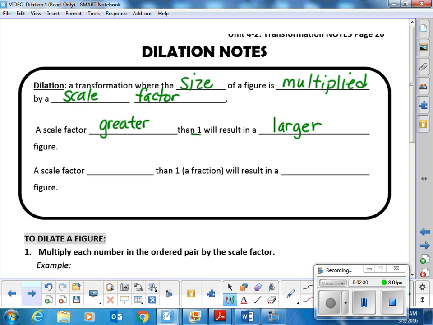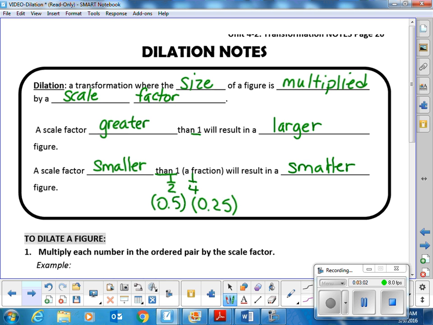And likewise, if the scale factor is smaller than 1 or a fraction, so we could do a half, we could do a fourth, we could even do an eighth or something like that. If we do that, though, you're going to want to turn these into decimal points and multiply by the decimals in your calculator. And that will result in a shape that is smaller or shrinking.